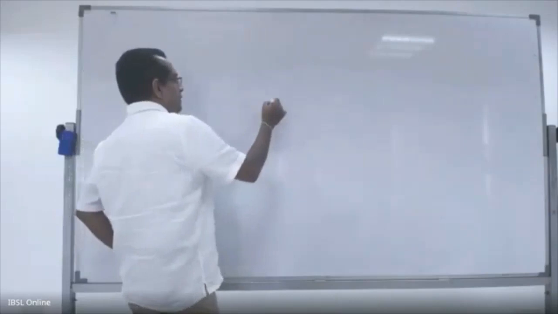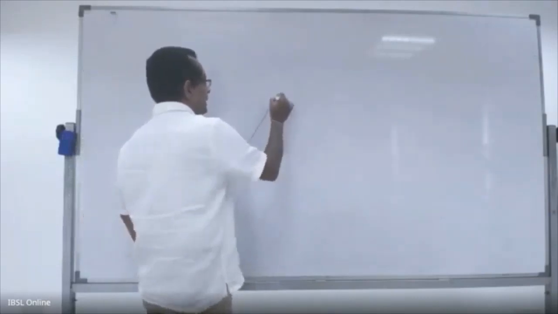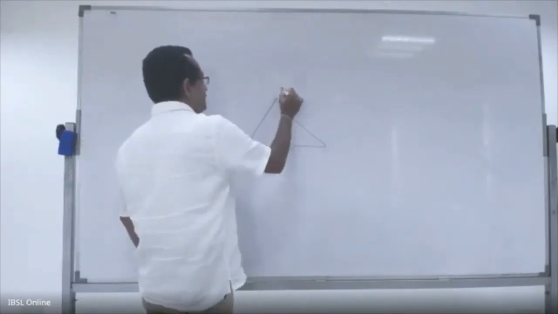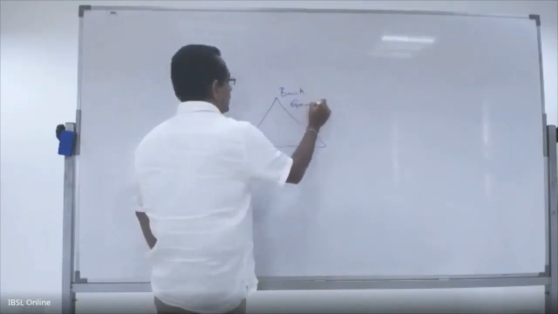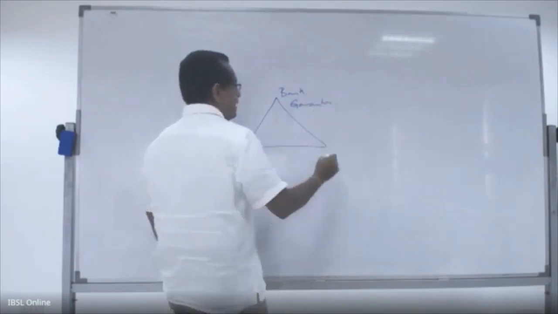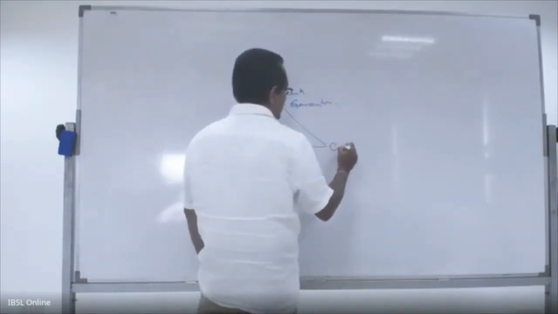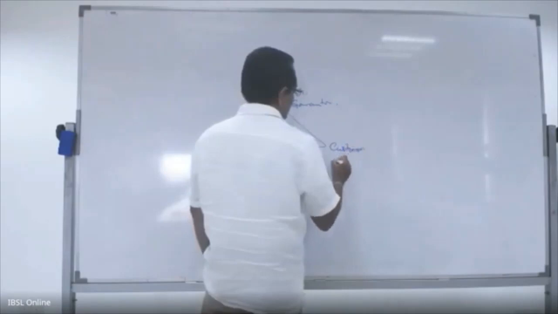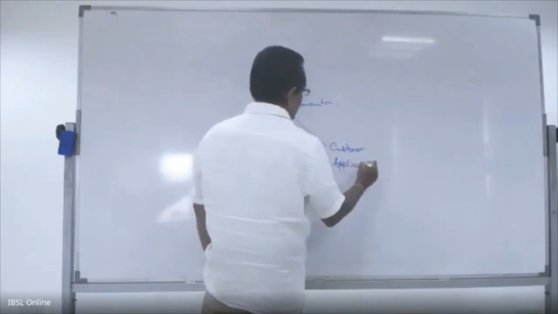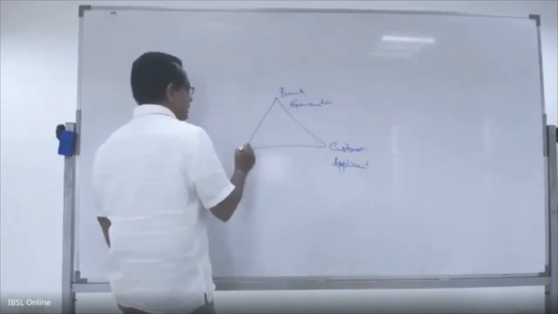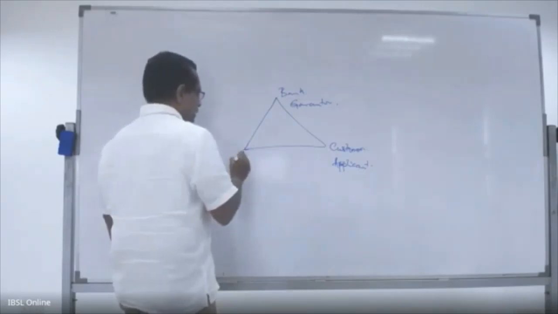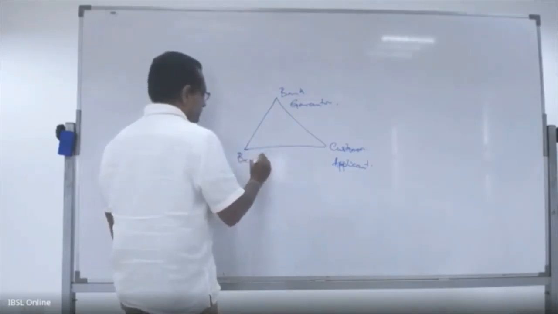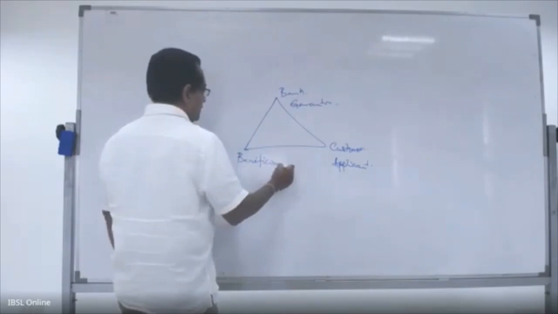Right? We have three parties here. Again, we have the bank, guarantor. Then we have customer, applicant. Then we have the person whom we are guaranteeing, we call them beneficiary, right?